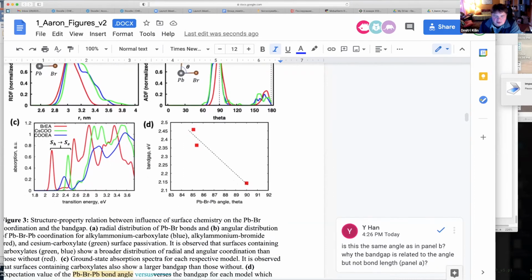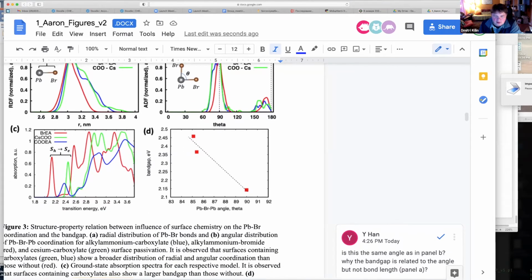Yoon is asking why the correlation between gap and the angle is highlighted, and the correlation between gap and distance is not shown.